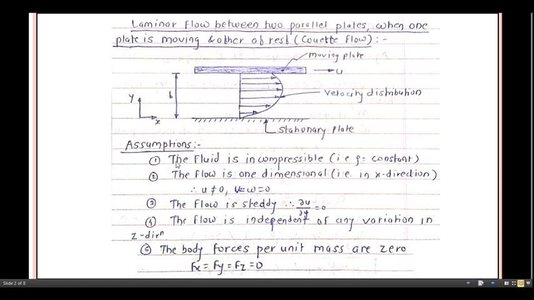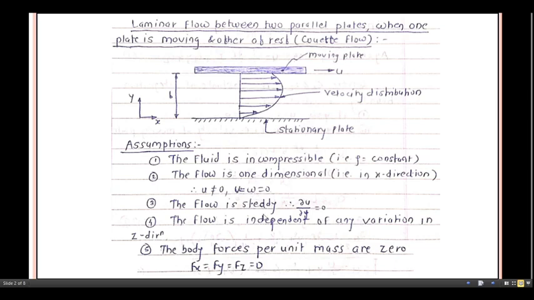So see these assumptions: the fluid is incompressible, that is rho equals constant. The flow is one dimensional, that is in x direction. So in this direction, the velocity u is not equal to 0, and the velocity along the remaining two axes, that is along the y and z axis, that is v and w respectively, equals 0.